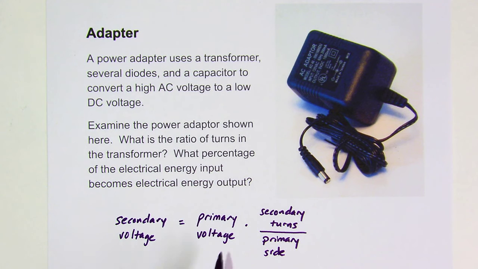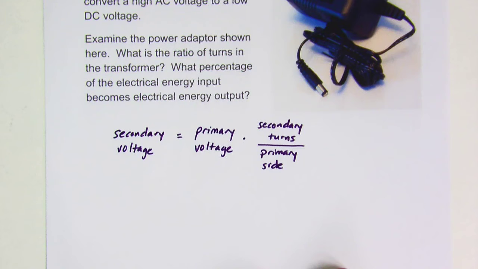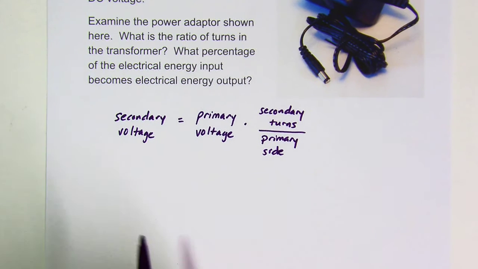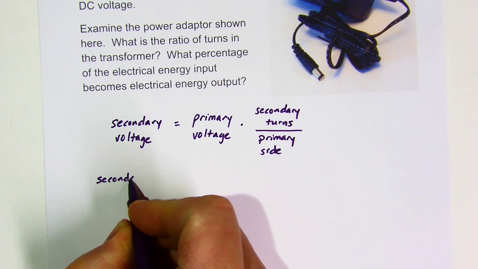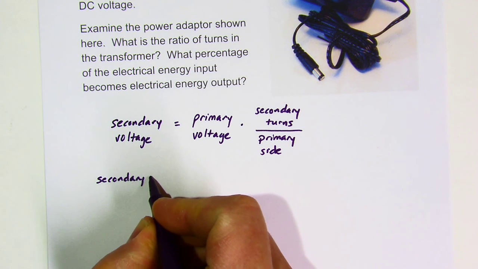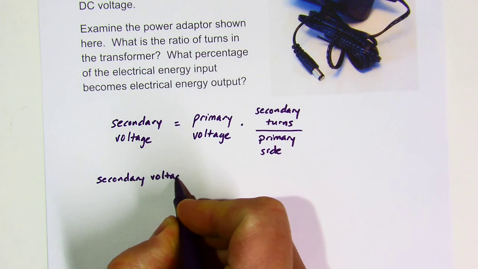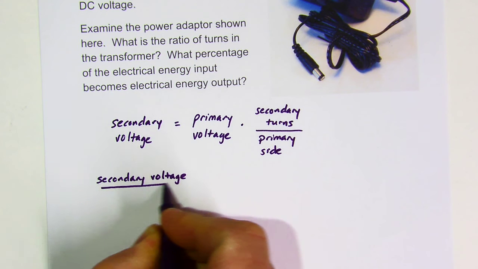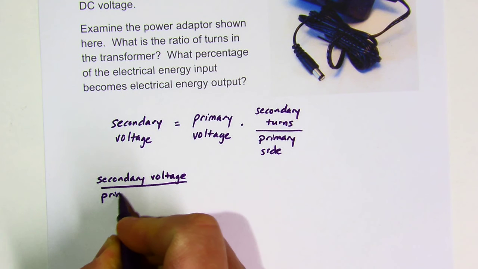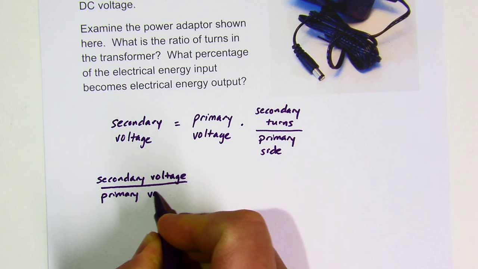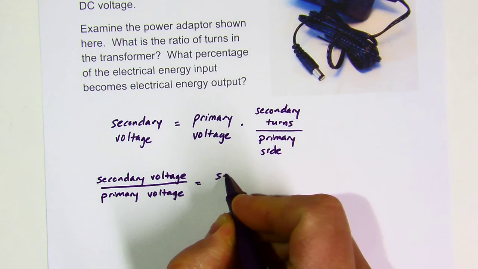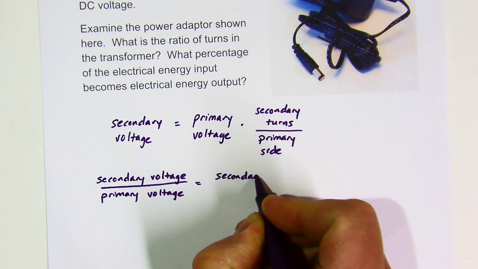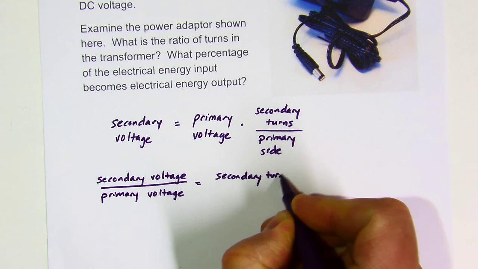So if you take that and divide both sides by primary voltage, you can rewrite it to say that the secondary voltage divided by the primary voltage is the same ratio as the number of secondary turns to primary turns.